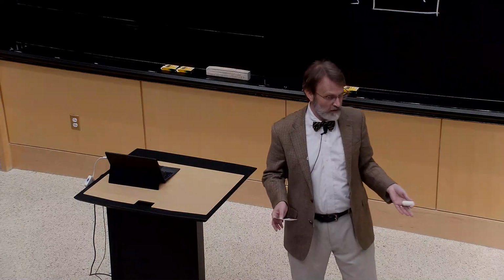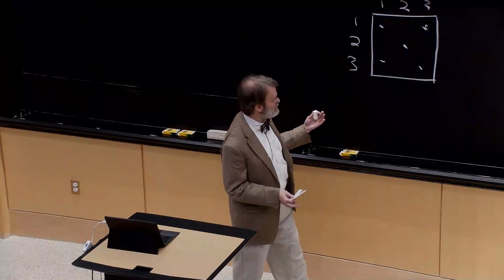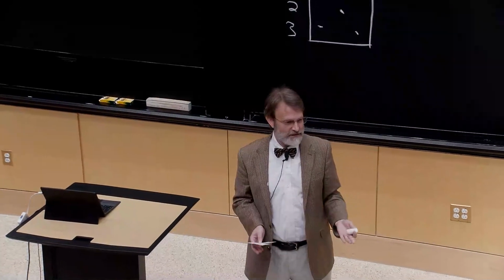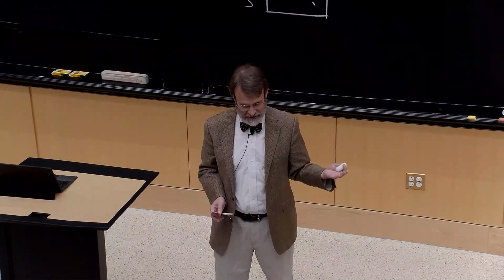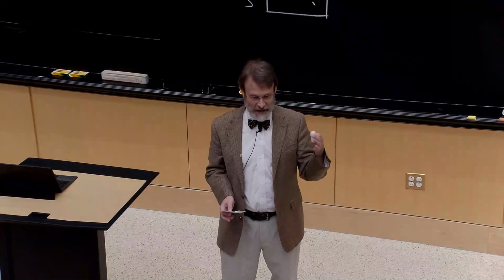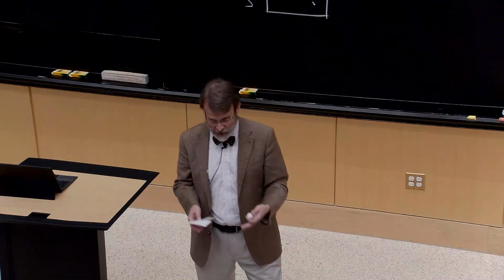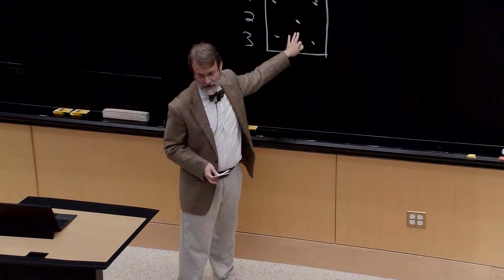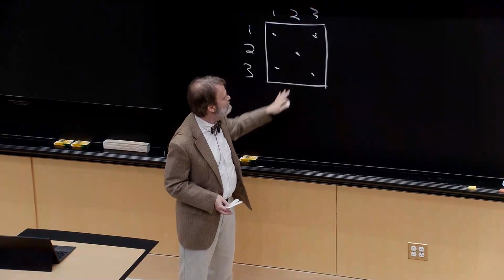And the reason we don't need to store the zeros is because when we do math on 0, we know what the answer is, right? If we add 0 to something, we know what the answer is. And if we multiply 0 by something, we know what the answer is.